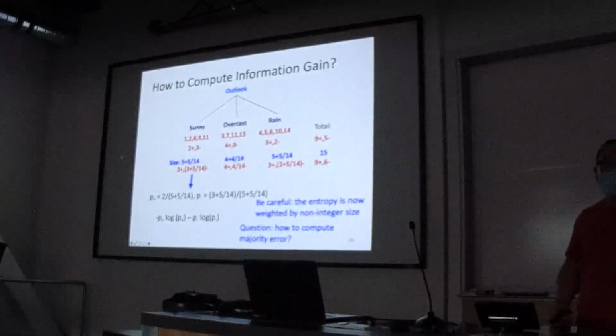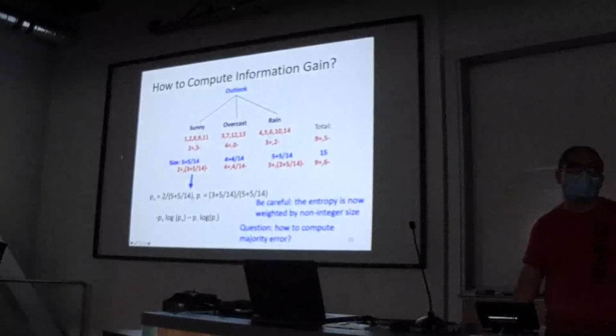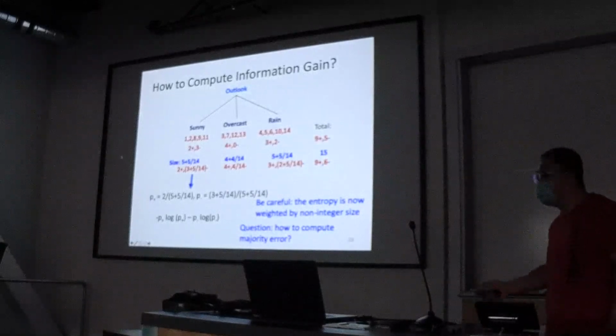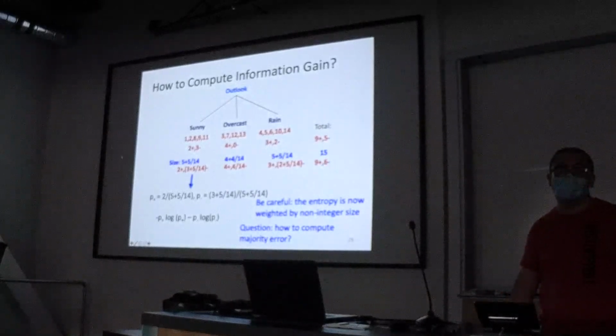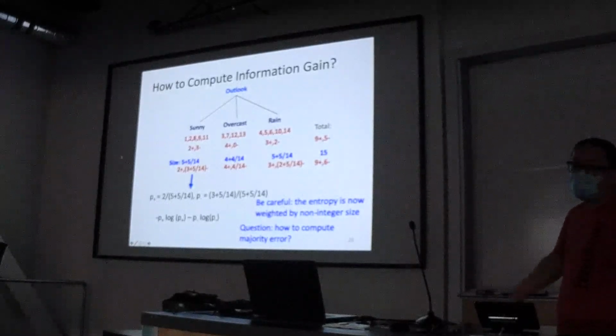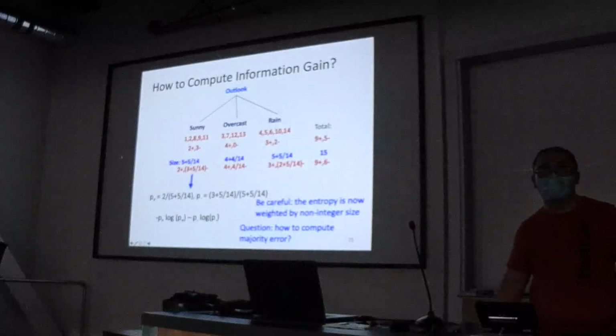So the question is how to compute the majority error. I want to ask this. Look at this subset, right? What is the majority error? Any thoughts?